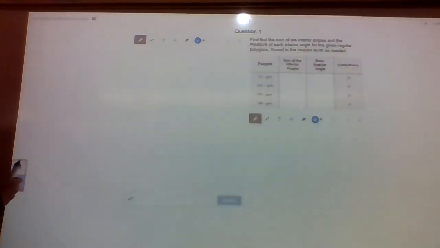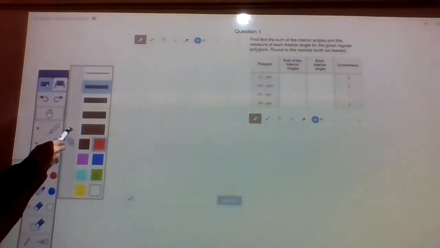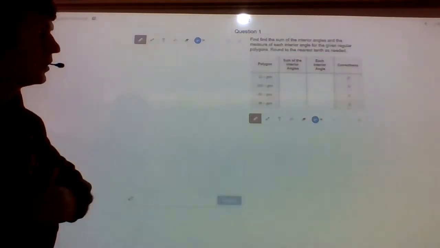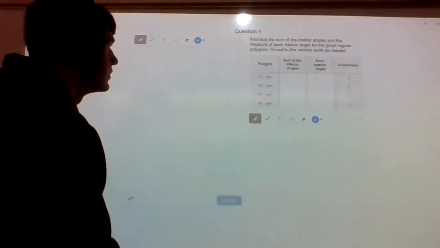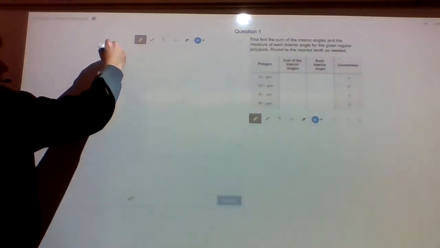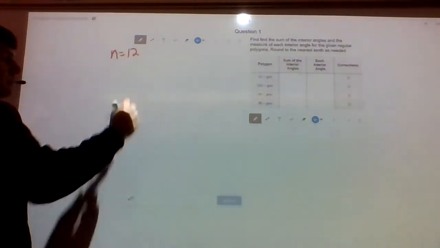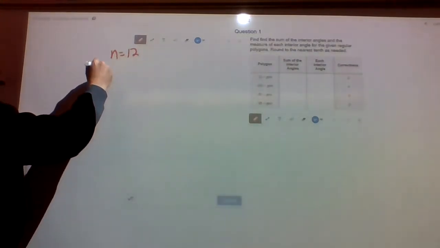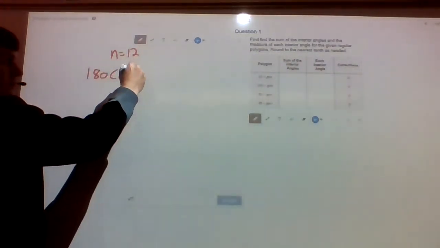So number 1 here, find the sum of the interior angles and the measure of each interior angle for the given regular polygon. So the 12gon has 12 sides, so n equals 12. Our formula for the sum of the interior angles is 180 times n minus 2.